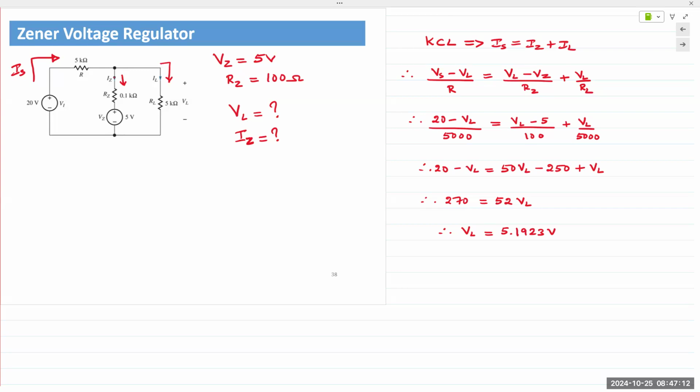Schematically, we draw it separately as a series resistance, but it's physically part of the Zener diode and cannot be separated. So when we are designing circuits, we must take the Zener resistance into account. Okay, questions?